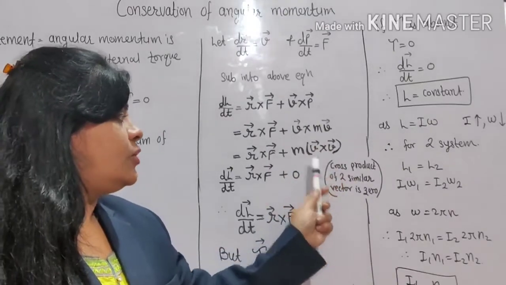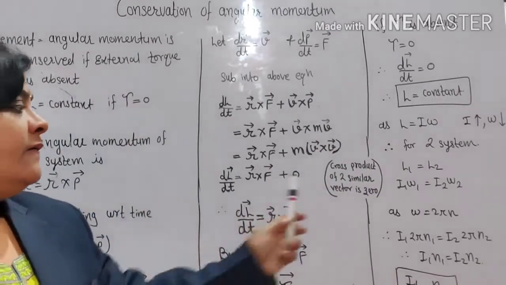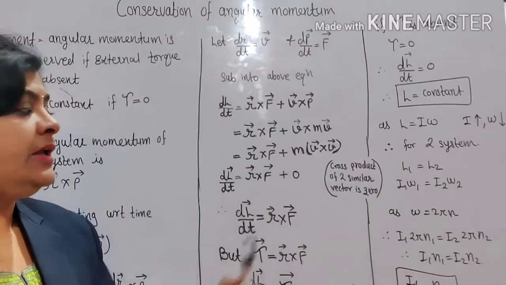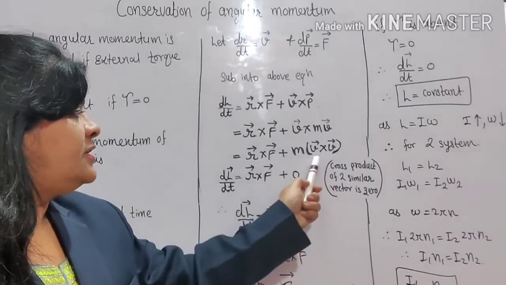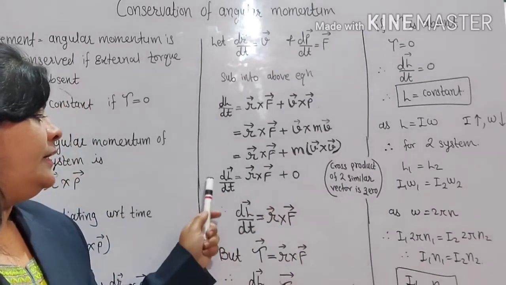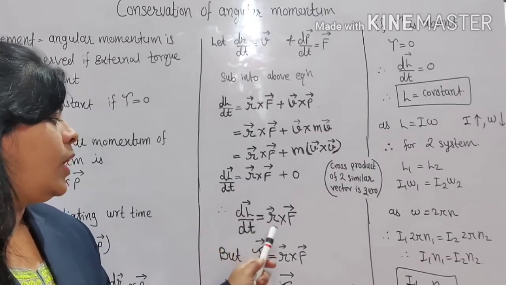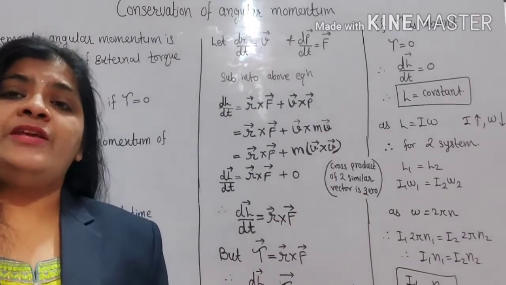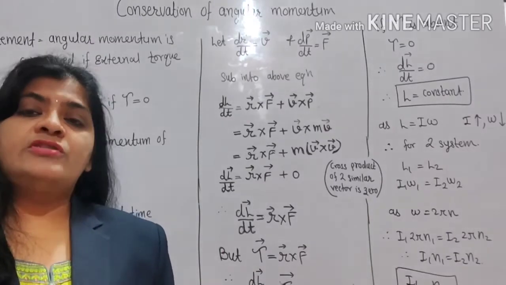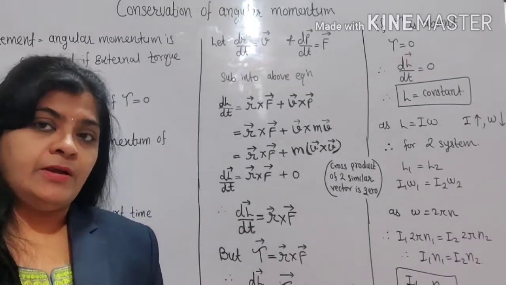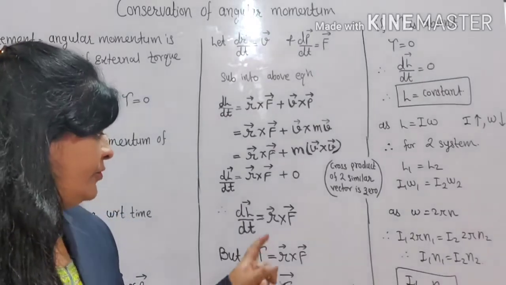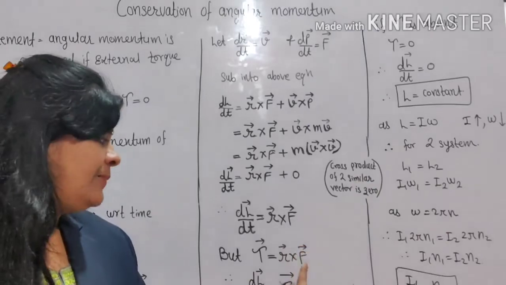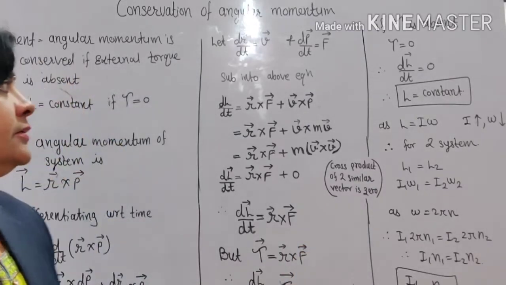This is the cross product of two similar vector quantities, which is always 0. So dL by dt is equal to r cross F. We already know the basic definition of the rotating force, the torque: torque is equal to r cross F. Therefore dL by dt is equal to the torque tau.